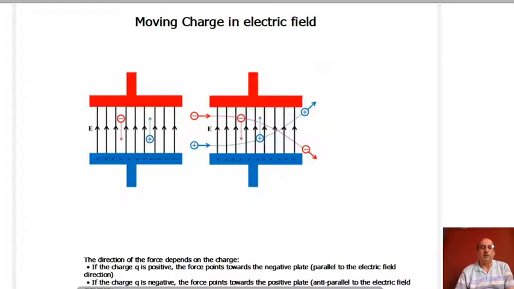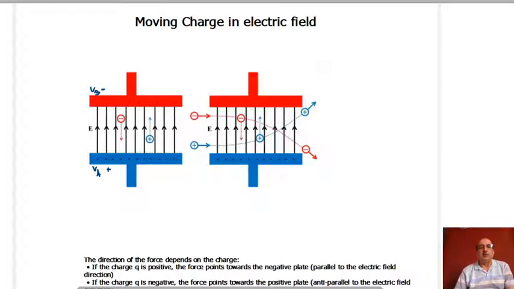Here we have two plates. One has potential VA, which is positive and represented by the blue plate, and the other is the red plate having potential VB, and it is negatively charged.